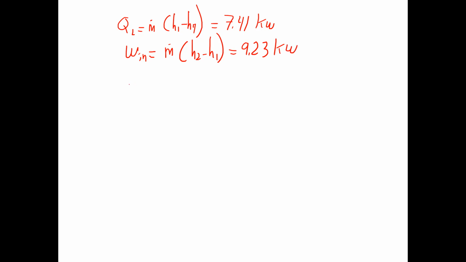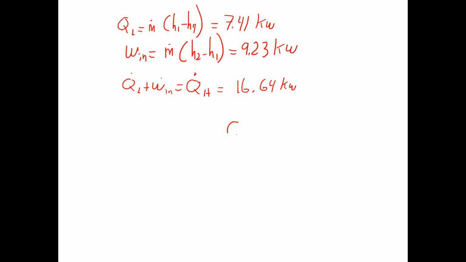And then if you do a first law analysis around the whole cycle, we get energy in equals energy out because it's a steady flow device. So energy in will be QL and work in. And energy out is QH. If you add those two components together, you get 16.64 kilowatts.